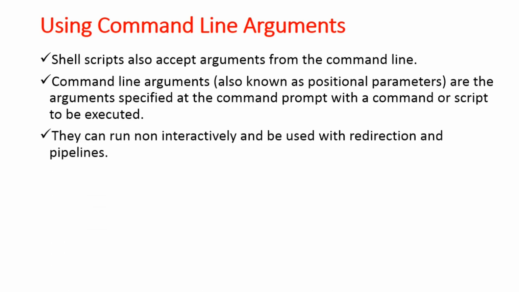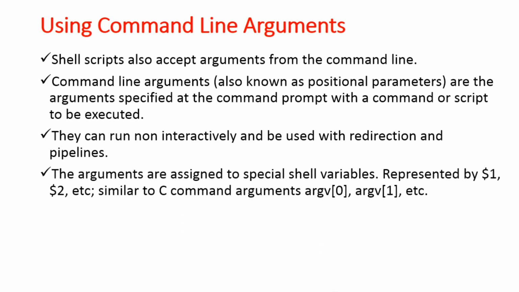They can run non-interactively, and all the arguments can be used with redirection and pipelines. So you can use all the arguments along with redirection, that is, the standard files like standard input, standard output, and standard error you learnt in the previous topic, and using a pipeline.